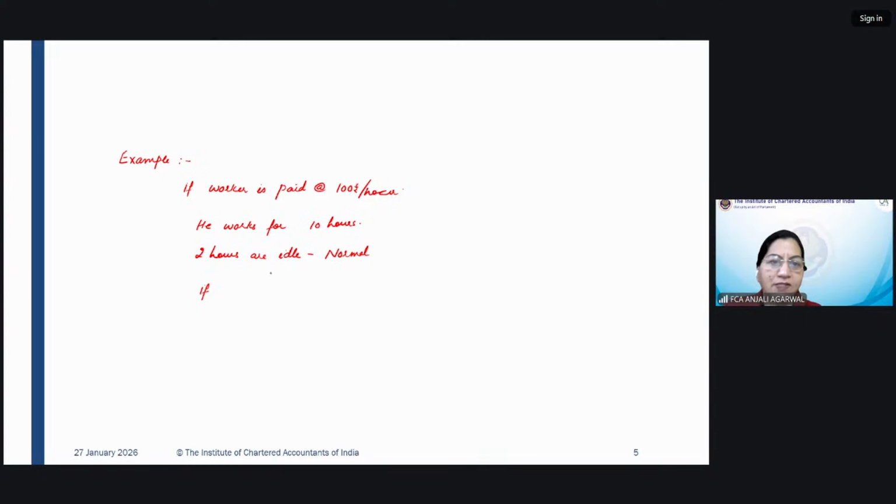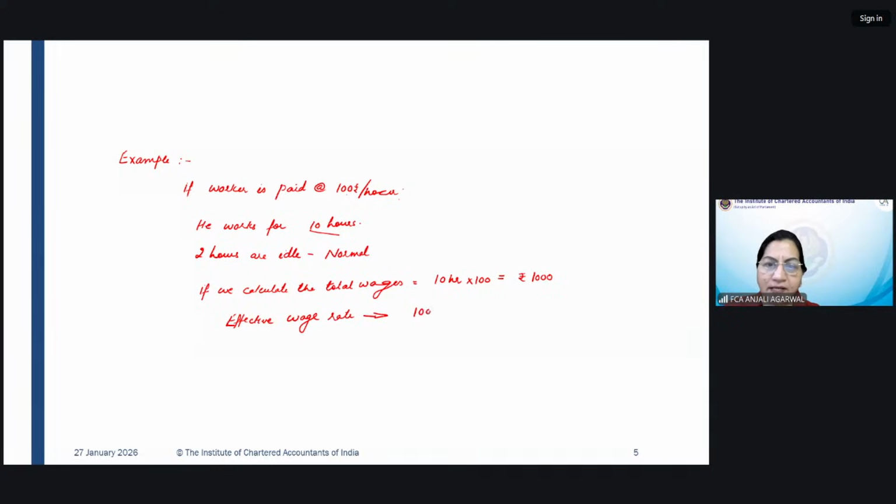So his hourly rate is 100 rupees per hour. If we calculate the total wages, it will be 10 hours into 100. So the worker will be paid 1000 rupees for 10 hours, and his wage is 100 rupees per hour. But what would be the effective wage rate for the company?